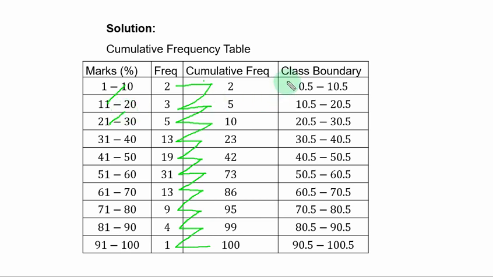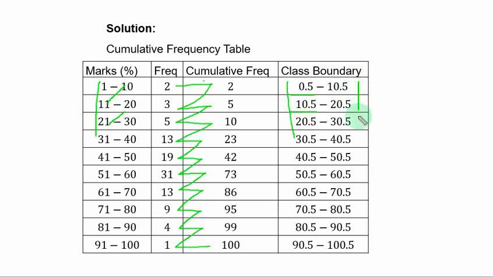To get the lower class boundary, you subtract the boundary value 0.5 from the lower class limit. So 1 minus 0.5, you have 0.5. 11 minus 0.5, you have 10.5, and so on.